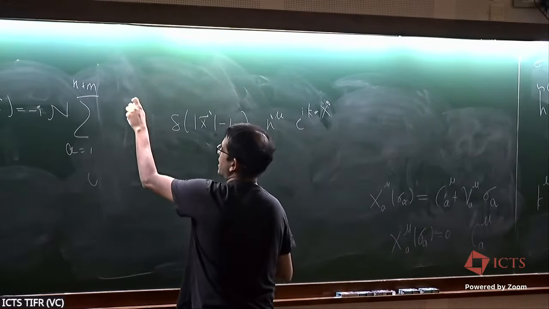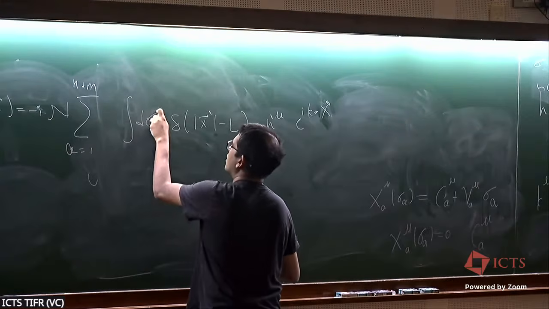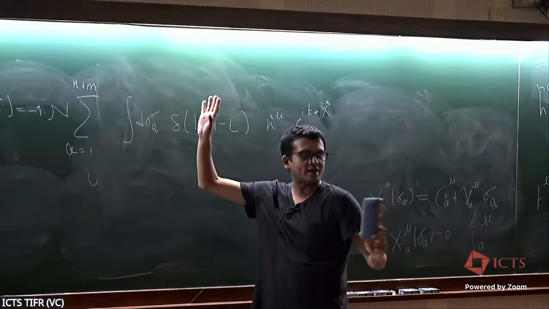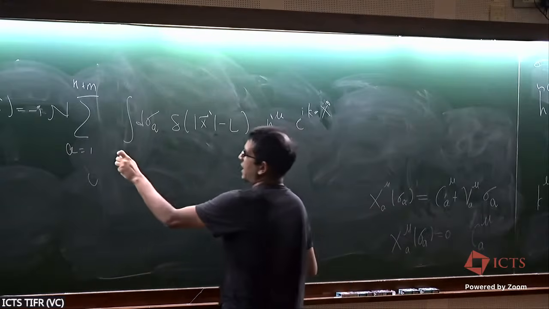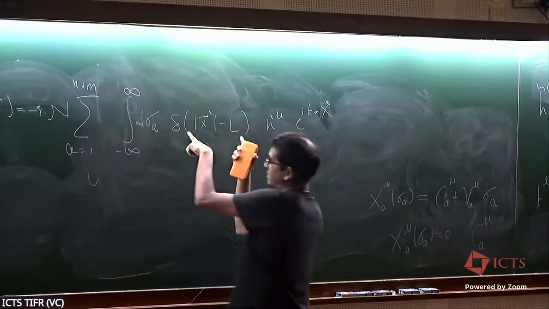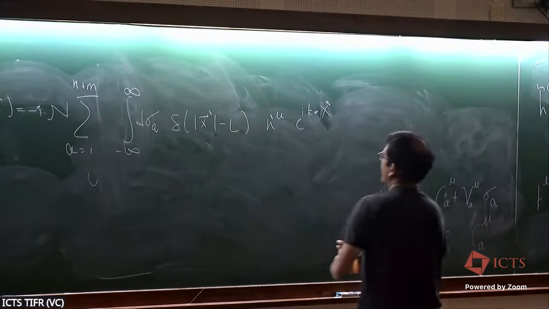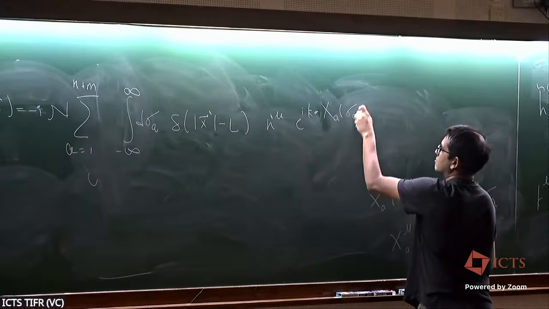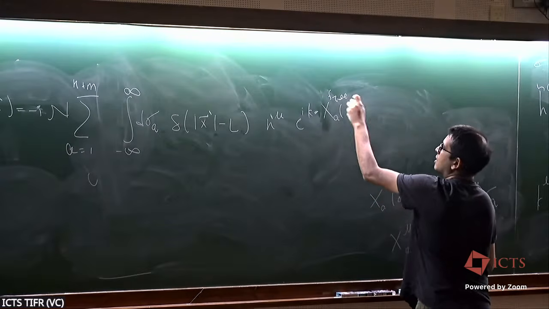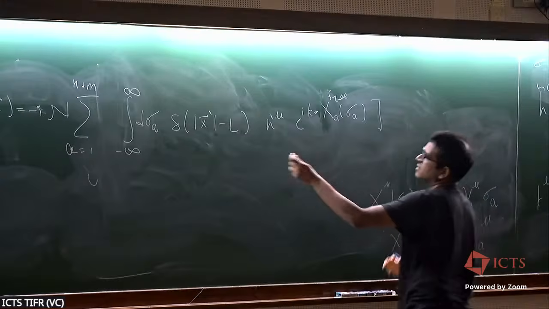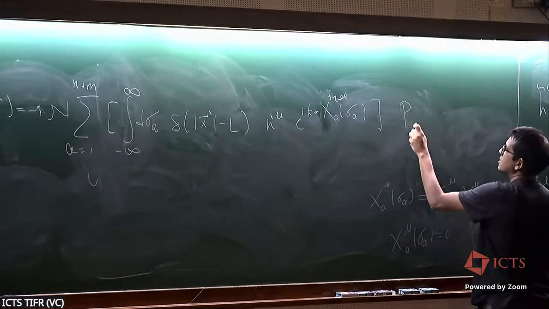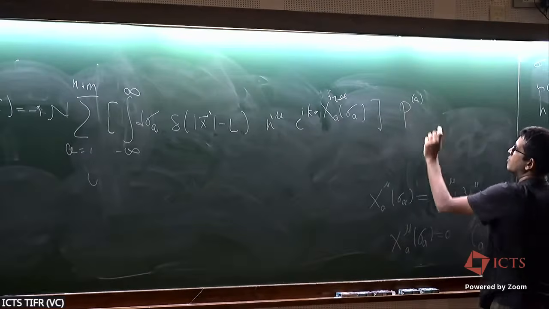Integral d sigma A. Now this d sigma I am not going from minus infinity to 0 or anything. It's over the entire range, except it's localized at this location. Right? That's what this delta function is doing. And then we have xa sigma A free. And outside this integral, we have the same object that we had earlier, which was PA mu.